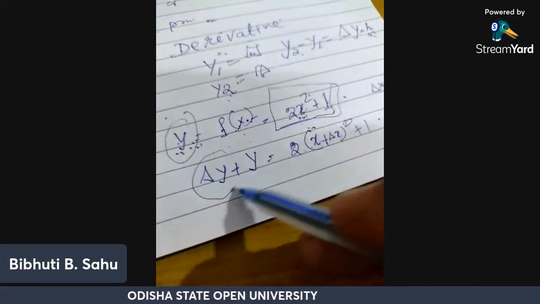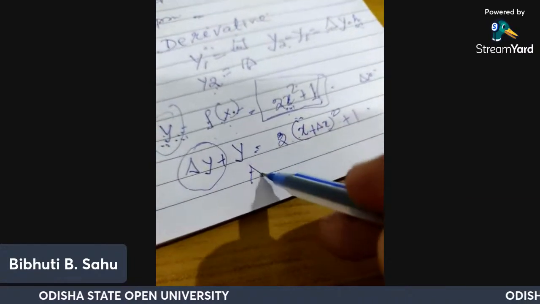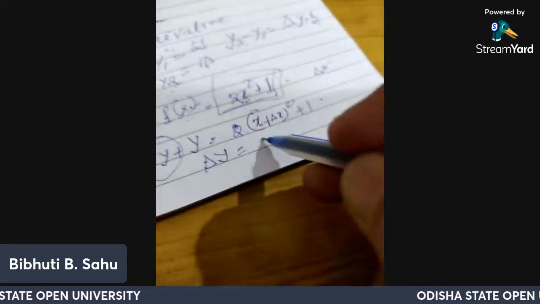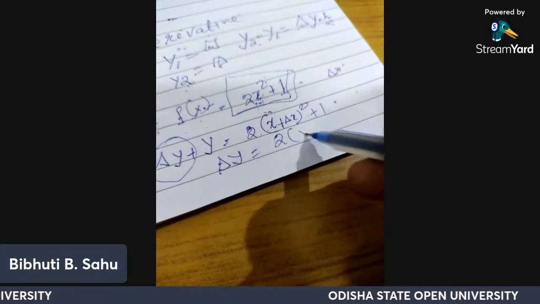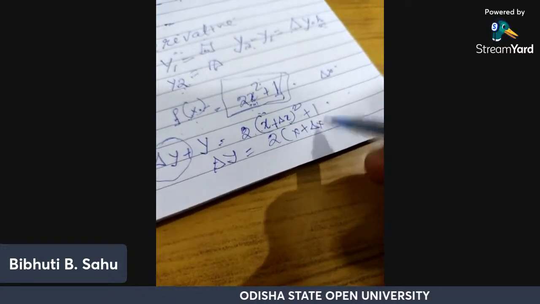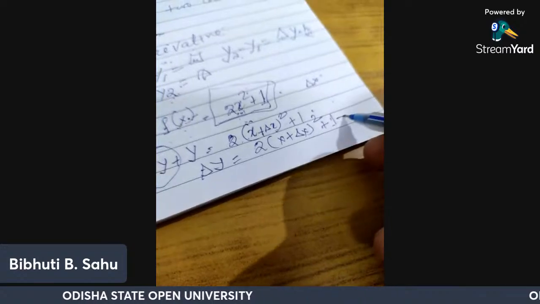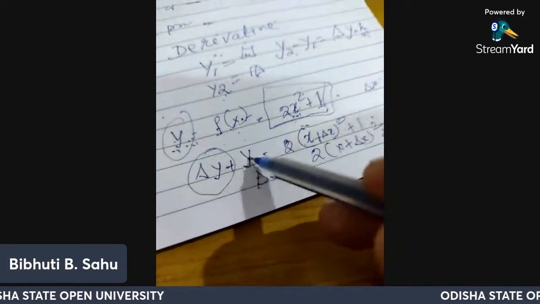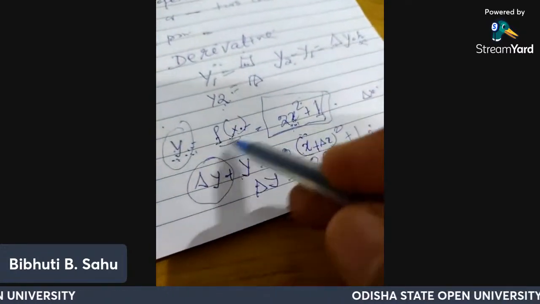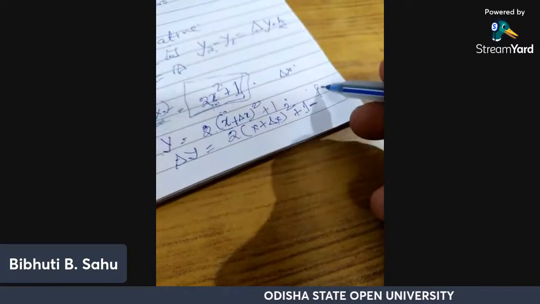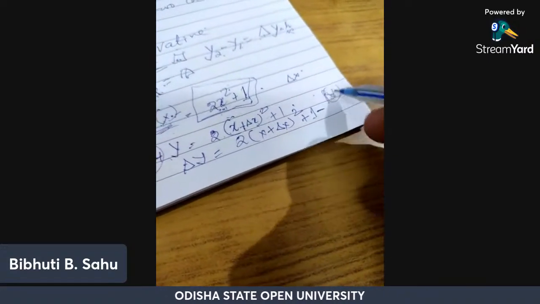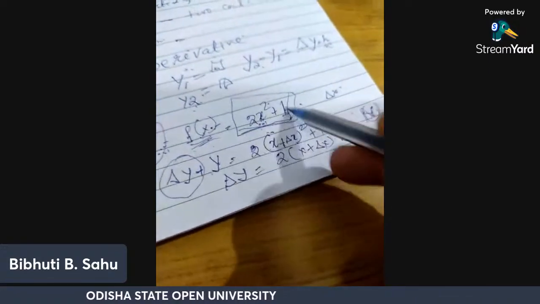Then what is the delta y? Delta y will be equal to 2 into (x plus delta x) square plus 1 minus y. So y can be written as f(x), a function of x, which is equal to this.